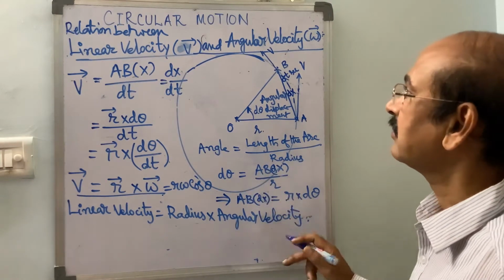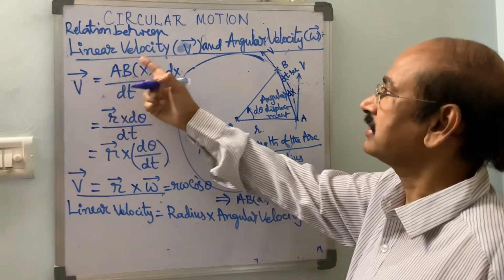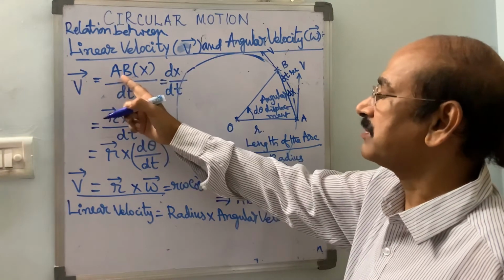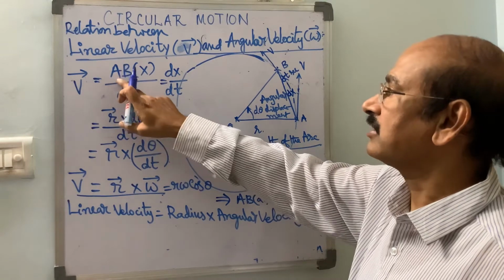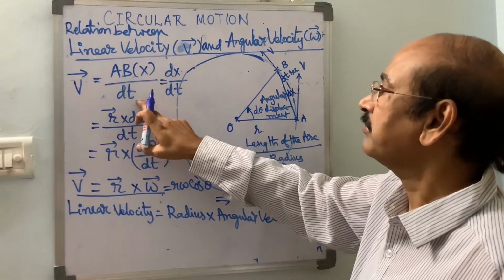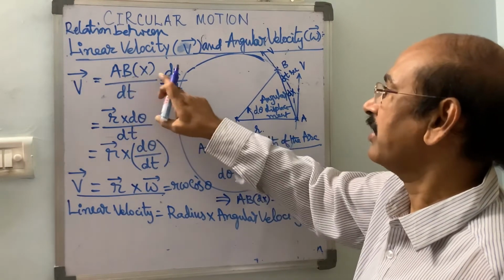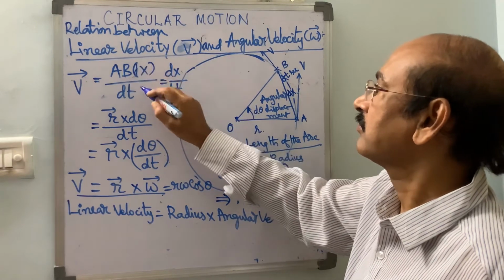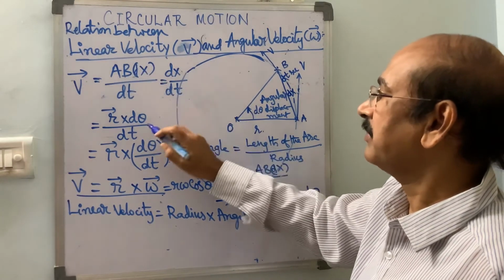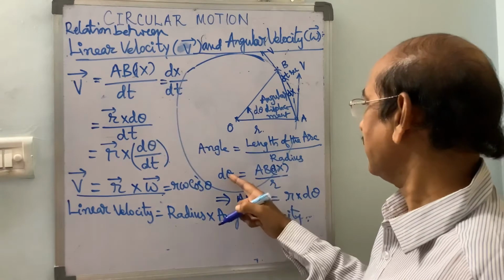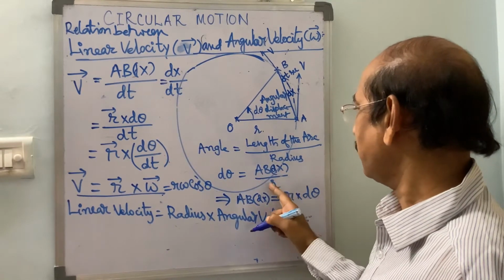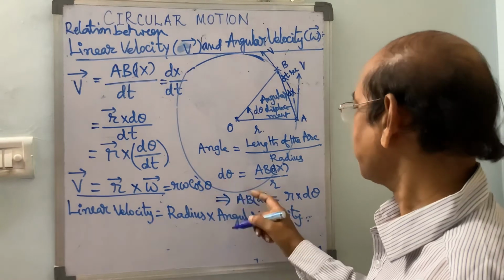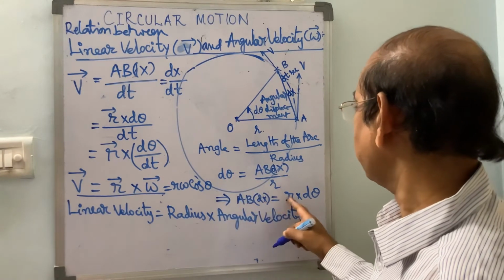And linear velocity is defined as the rate of displacement, that is, linear displacement by time, that is, length of the arc by time. Length of the arc is AB or dx, therefore dx by dt. From the expression, when we cross multiply, AB or dx is equal to r into d theta.